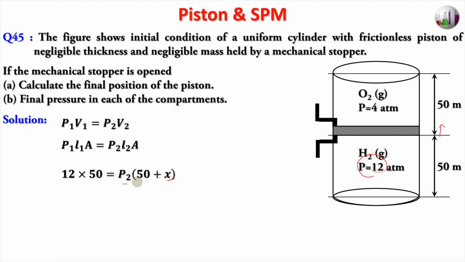But remember, we can make similar equation for oxygen also. 4 into 50, and since this is decreasing by X, P2 into 50 minus X, and the reason I am taking the same pressure is because this will only come to rest when the pressure on both parts is same. So we have two equations and two variables, we will be able to get their values. X is 25 meters and the final pressure is 8 atmospheres. So let's do one more.